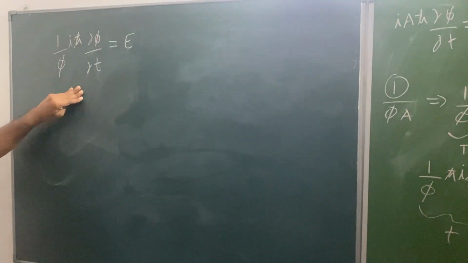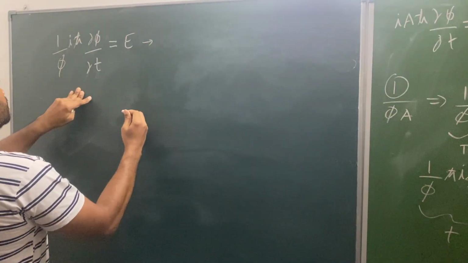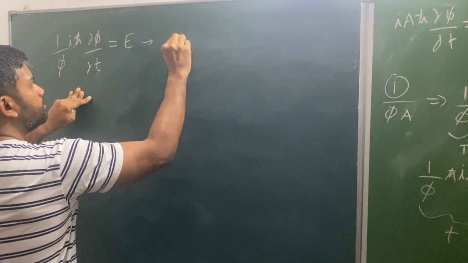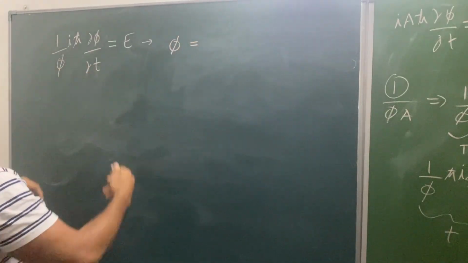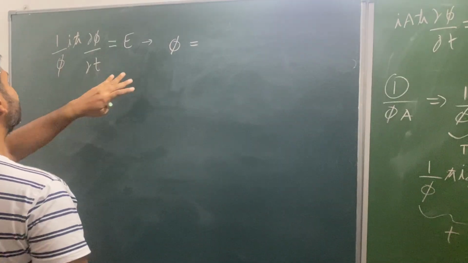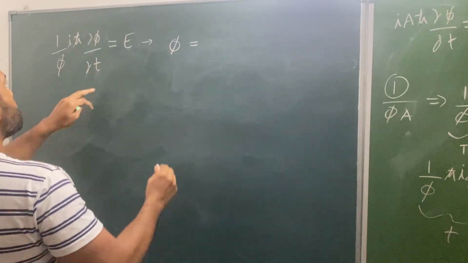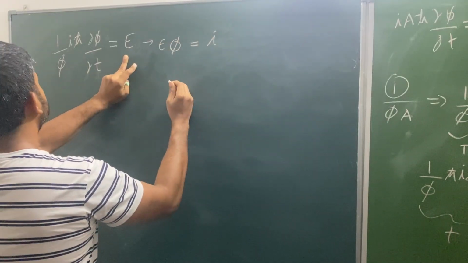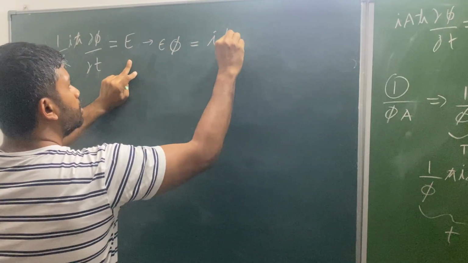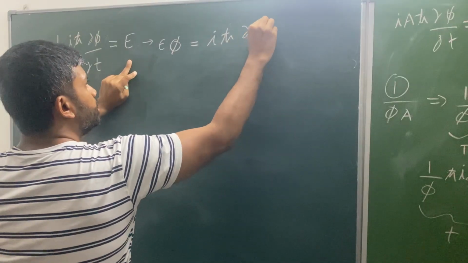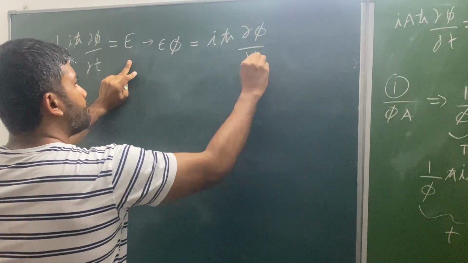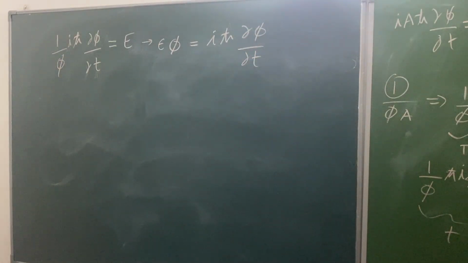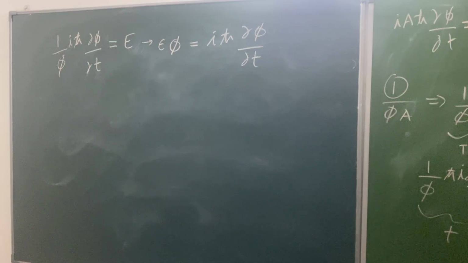Now I can rearrange this equation and end up with something like this: E phi is equal to i h bar ∂phi over ∂t, and this is a phi that depends on time, a function that depends on time.